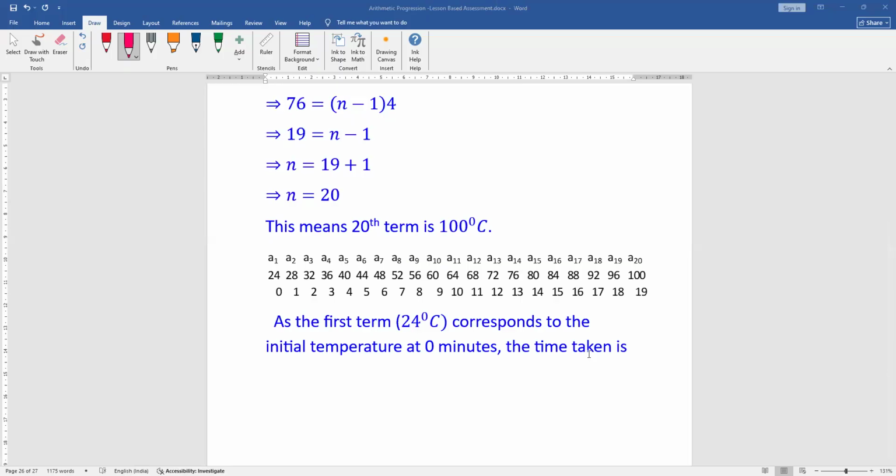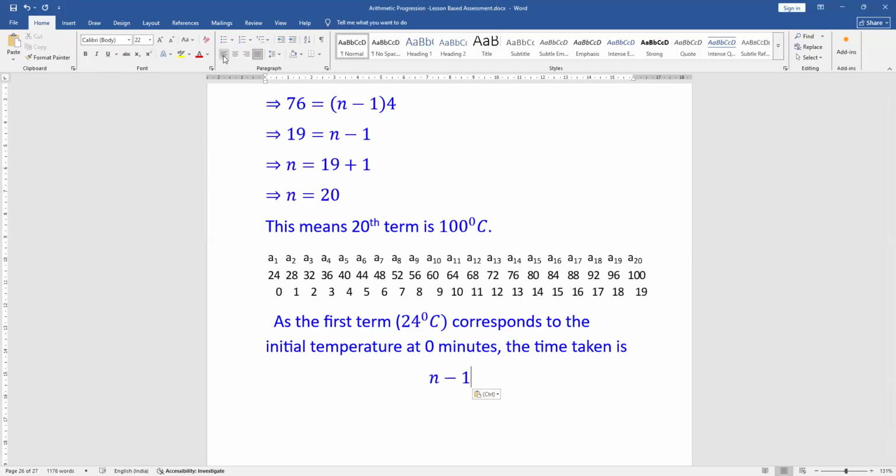So what I do, I'm going to take n minus 1. So n minus 1 is equal to 20 minus 1, which will be equal to 19. So 19 minutes will be your answer.